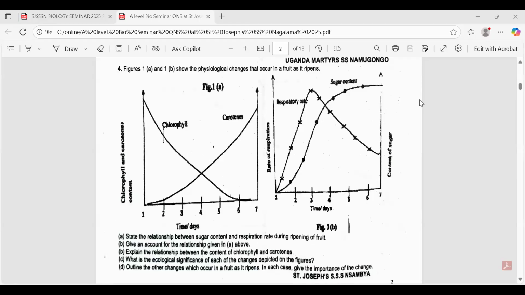And then another relationship is from 3 to 7, as the respiratory rate decreases rapidly, the sugar content increases gradually to attain a peak. Okay, so that one could have been our relationship.